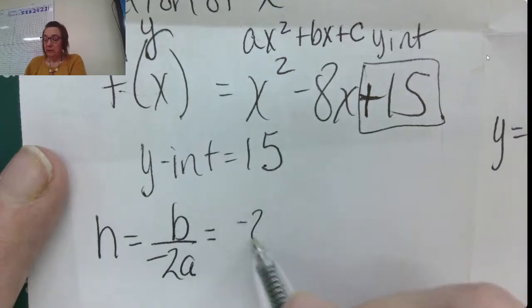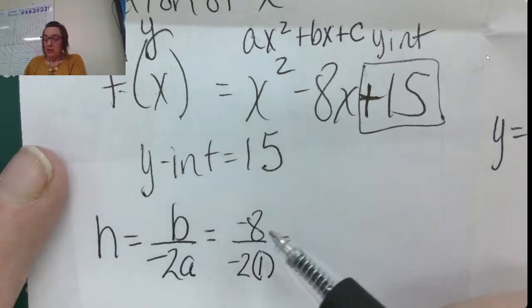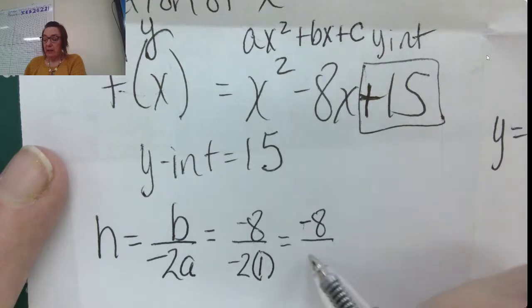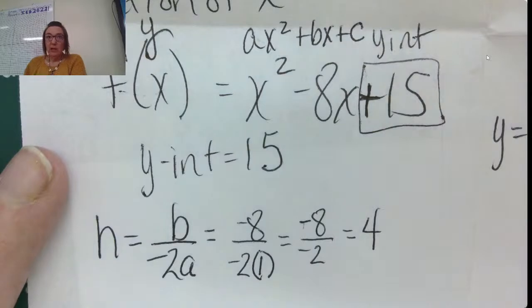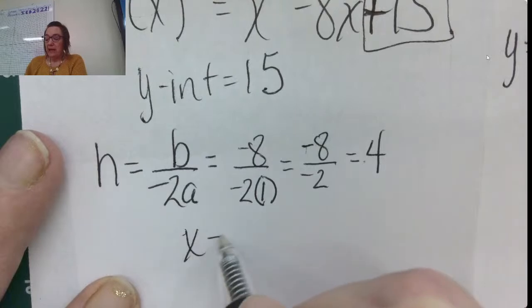Negative 8. And then what is a in this problem? 1, right? So this is going to give us negative 8 divided by negative 2, which is 4. So our h, which is the x value of our vertex, is 4. That's also our axis of symmetry.